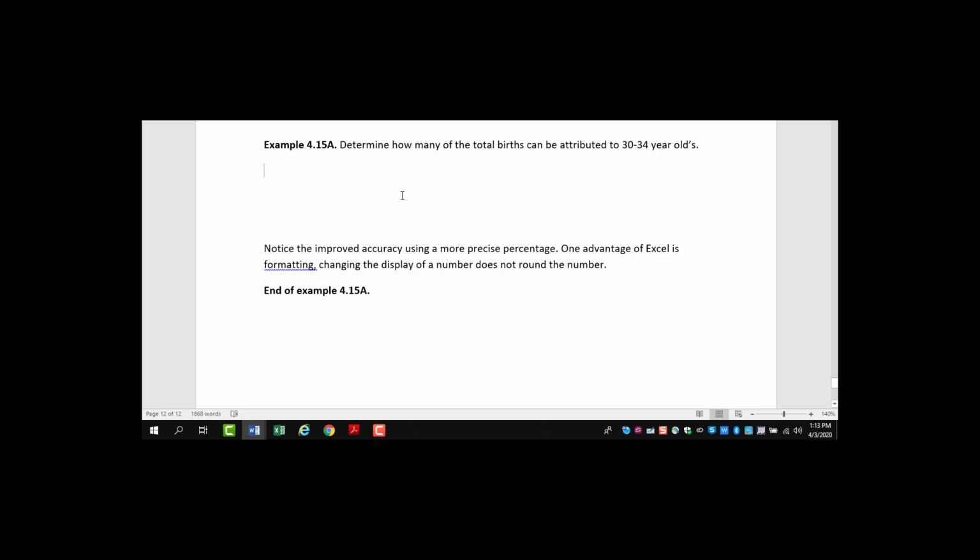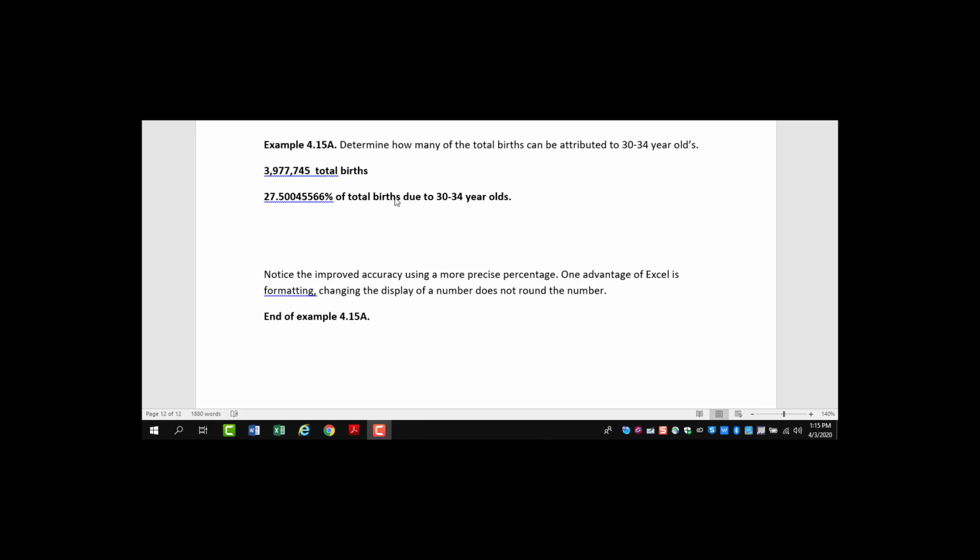So I'm going to put the numbers in here. Okay, so now we have the total births and the percent of total births due to 30 to 34-year-olds. And we're trying to find out how many of the total births women 30 to 34 had.